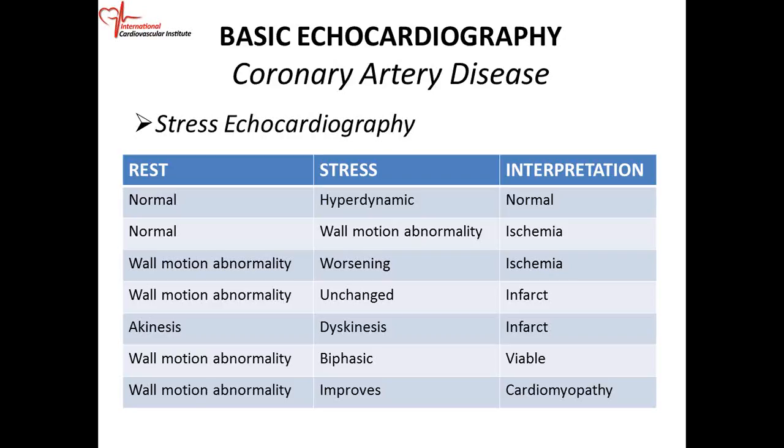Okay? So we can use the dobutamine echo to determine if someone with, say, a low ejection fraction or wall motion abnormality, if some of that muscle is alive and viable, all it needs is increased blood flow.